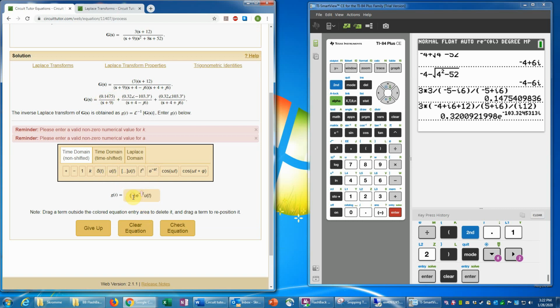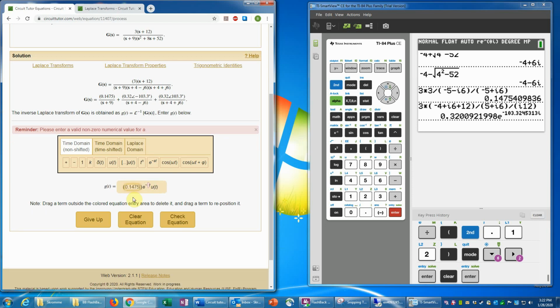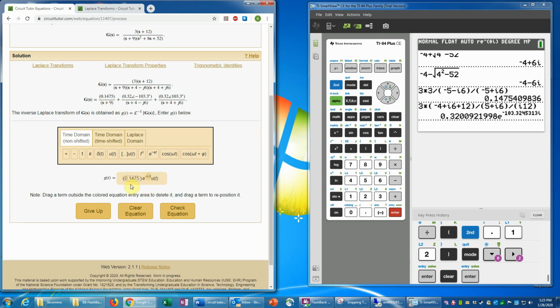My constant will be the 0.1475. And then the a value will be 9 because it's s plus a, so it's e to the minus at, so e to the negative 9t. And remember that exponentials should normally decay with time, not grow. So if you had an e to the plus something t, that would be a very big cause for concern and probably indicate that something's wrong.